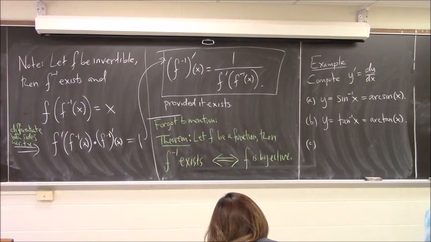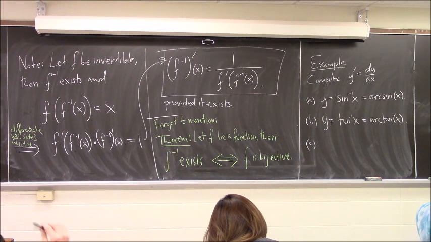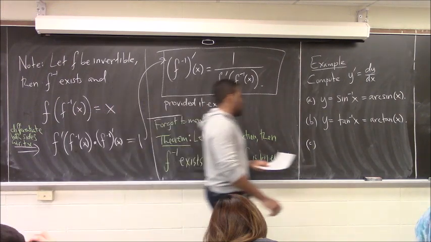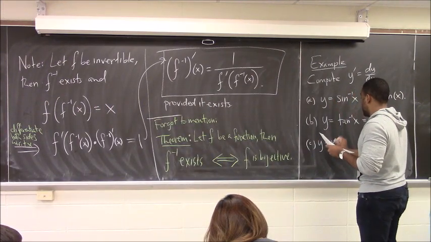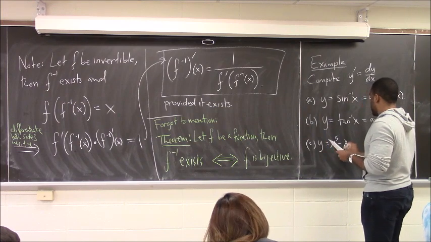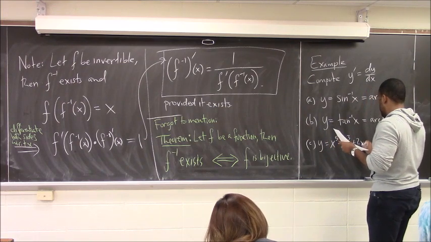So the third example is just for you to see another application here. Let's say y is equal to x to the 5th minus x cubed plus 2x.